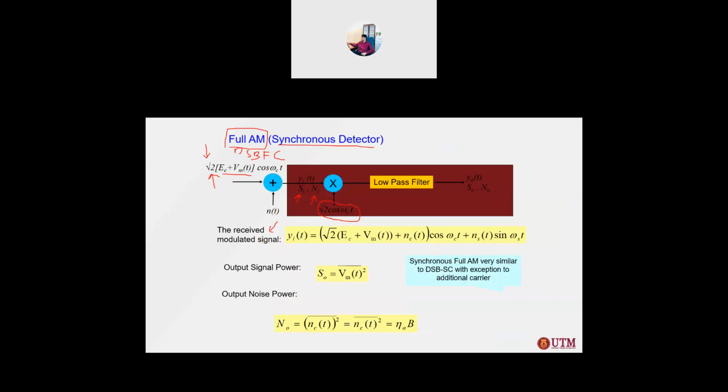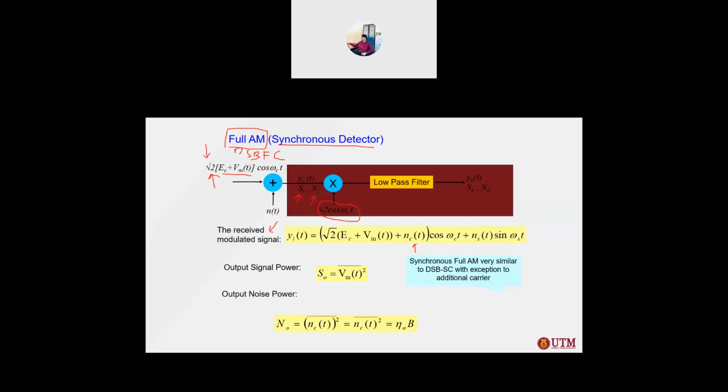Now this one is the full AM synchronous detector. You can see later on the corresponding pages in the module. The received modulated signal here is square root of 2 VMT plus NCT. NCT here is the additive noise.